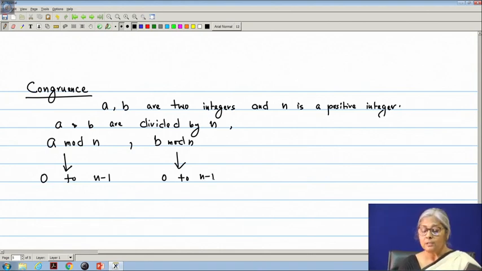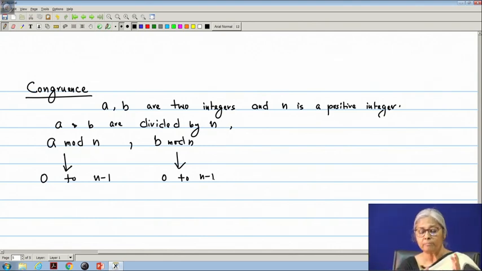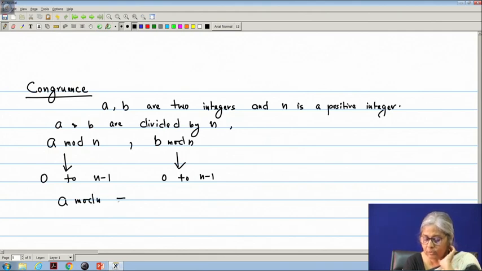Since this is a many to one mapping, many a and b will map to the same value, because a and b can be any large integers. So, if a modulo n is equal to b modulo n, that means the remainders are the same when a is divided by n and b is divided by n.